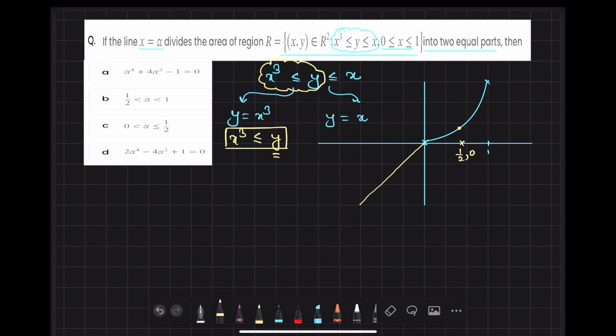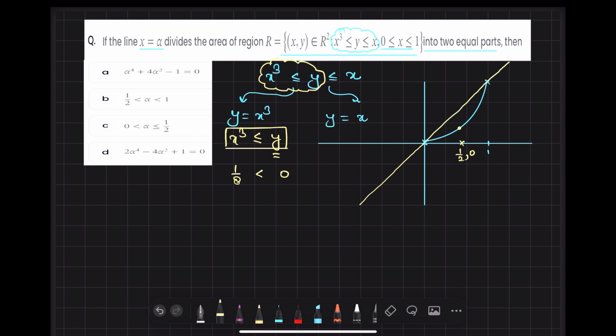Now just satisfy this point (1 by 2, 0) and check whether this inequality holds true or not. This side becomes 1 by 8 and this side becomes 0. What do you think, is this situation correct or wrong? Exactly, this is wrong. Why? Y is smaller. This means that we have to focus on the above part. So for the blue curve we have to find the above part. Clear?